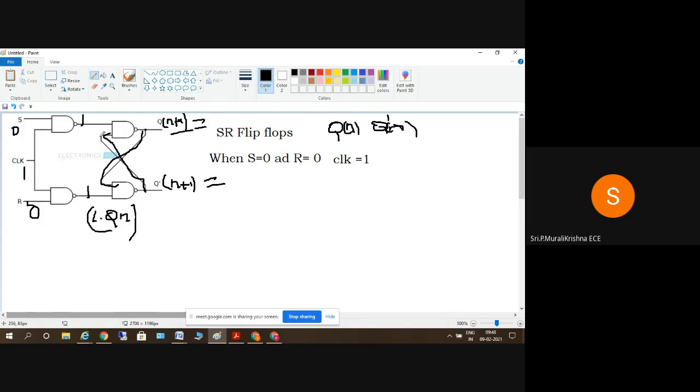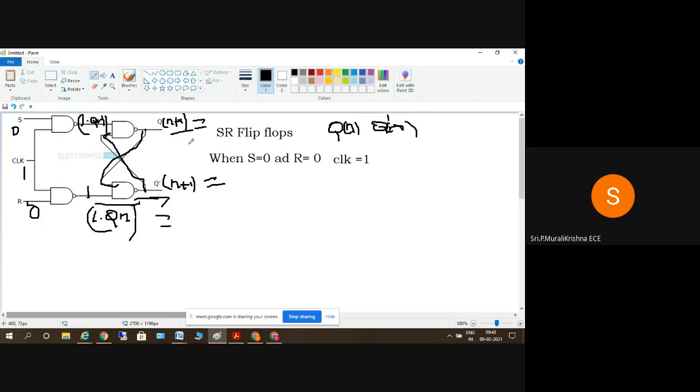This is 1 into Qn whole bar, because this is the NAND gate, so 1 into Qn whole bar is given to this one, and here 1 into Qn bar is given to this NAND gate.